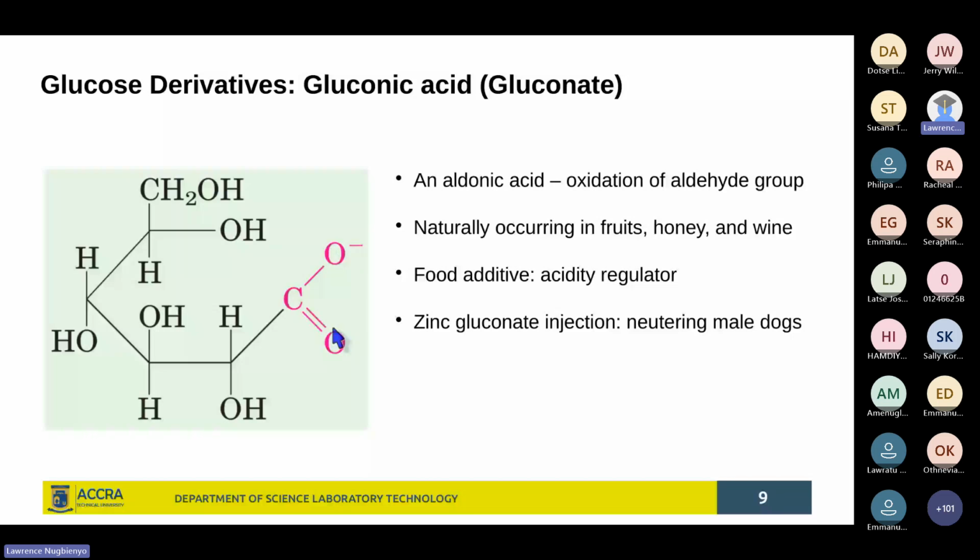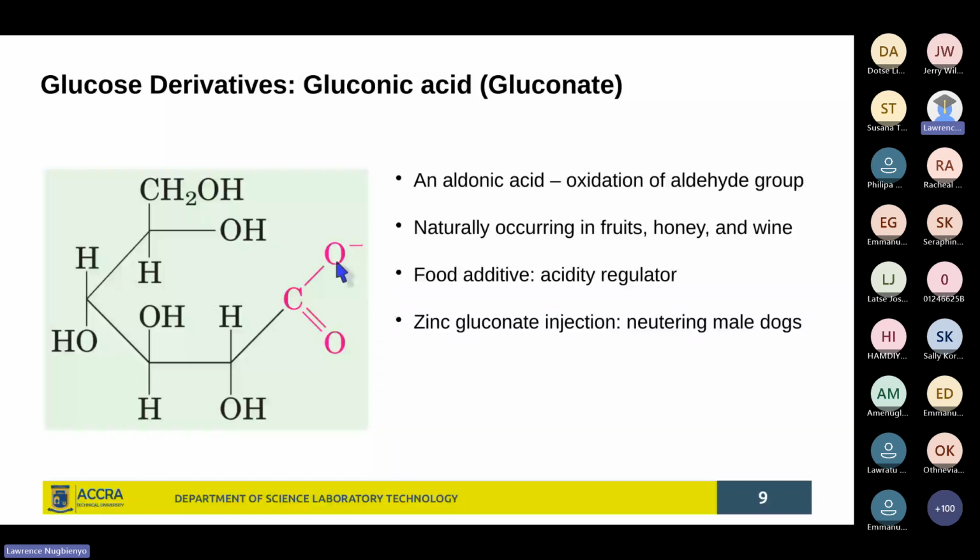So if this was an aldehyde group, you have the C double bond O, and in place of this O minus, this O minus is actually supposed to be OH if it was in its molecular form, but now it's in its ionic form, meaning that it has given out a hydrogen ion, because the carboxylic acid group can give out a hydrogen ion.